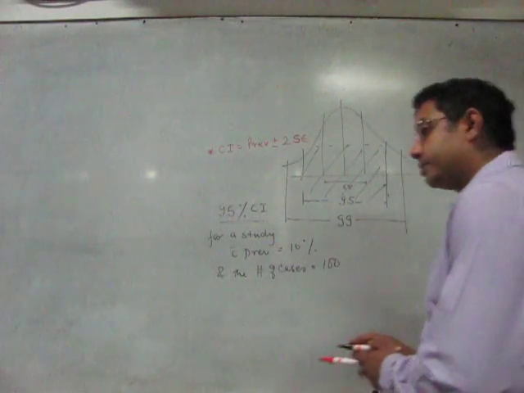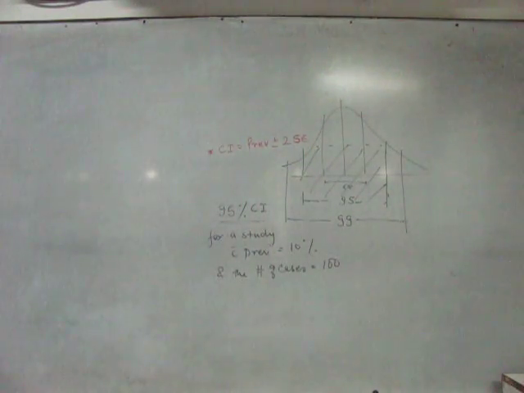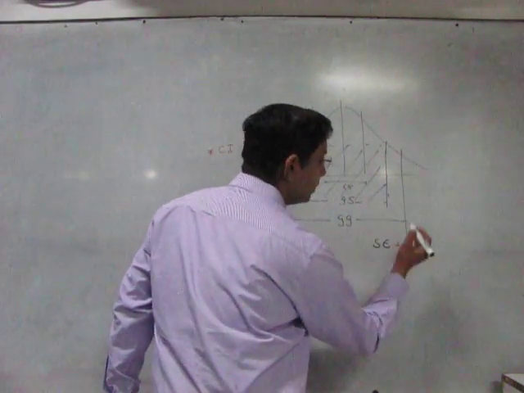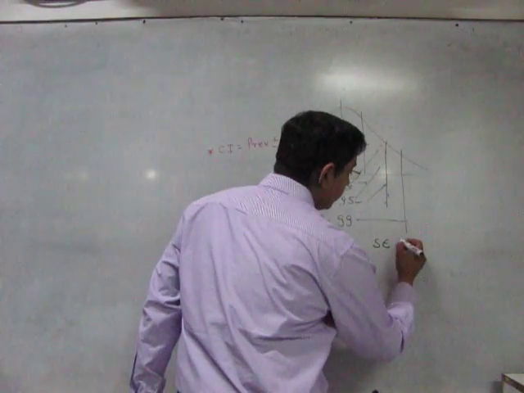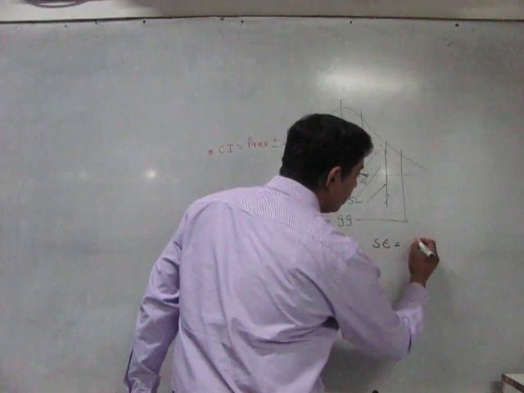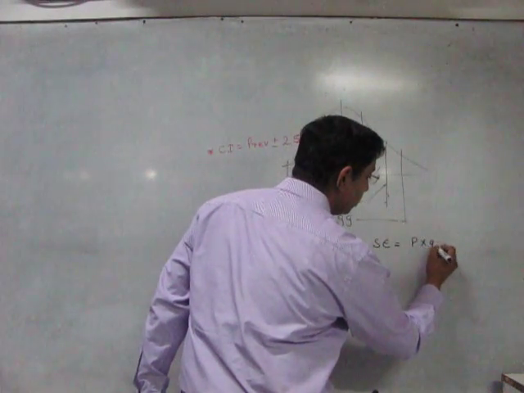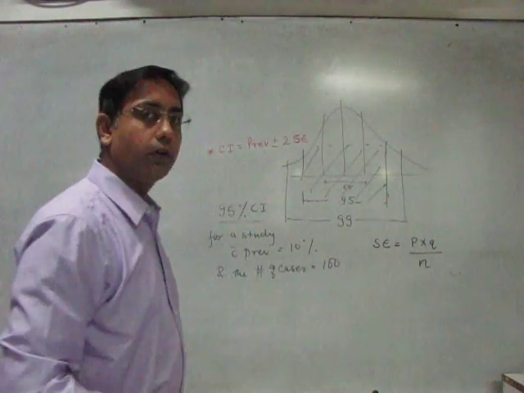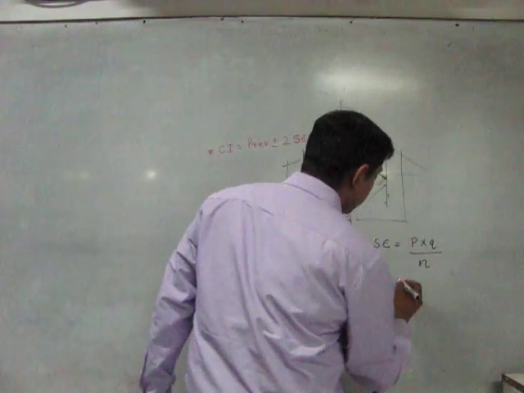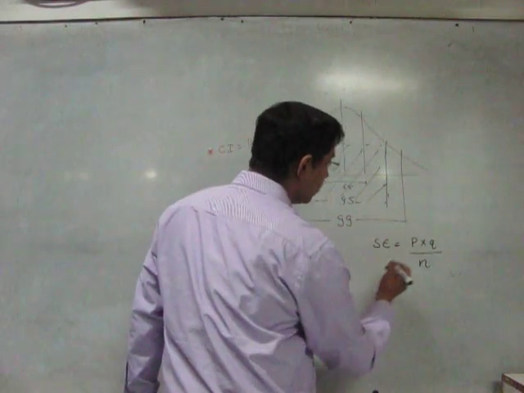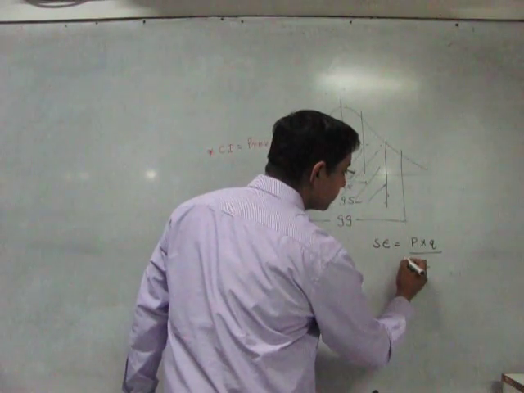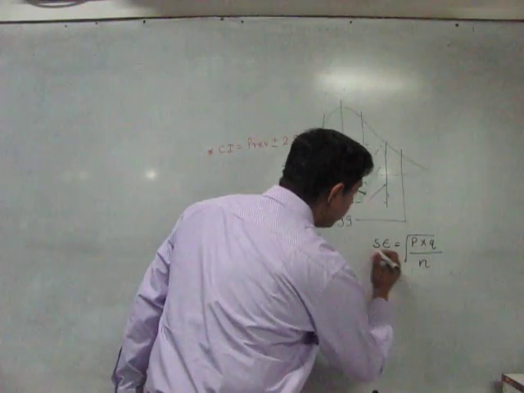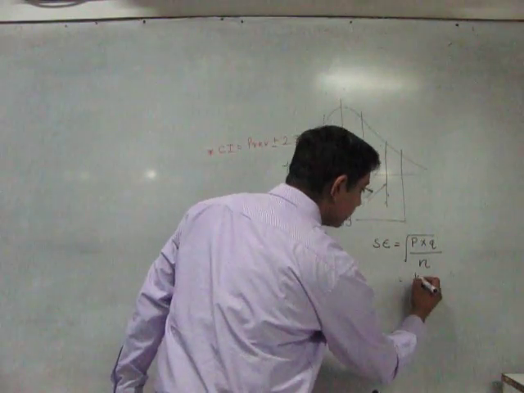So let us see what is the formula for standard error. Standard error is given by the formula square root of P into Q divided by N. So this is the formula for standard error. In this case, standard error would be given by this formula, root of PQ by N. P over here is given as 10%.